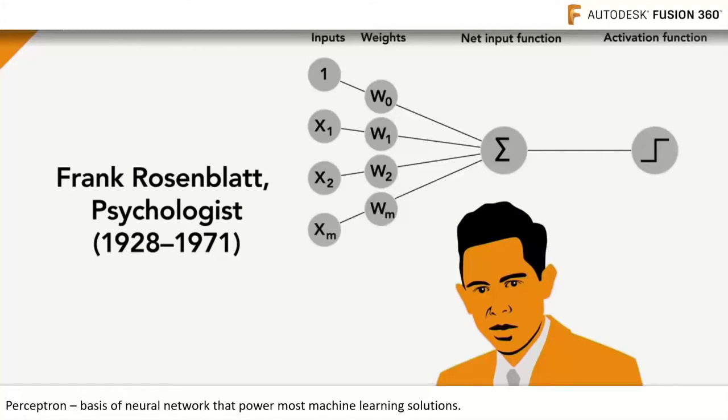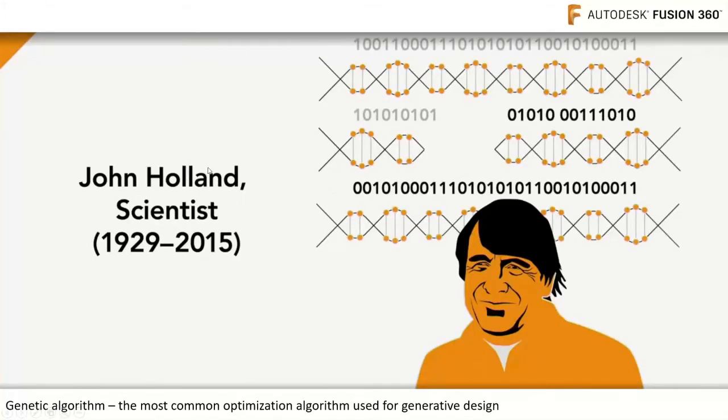But the real spark plug was John Holland, a scientist way back 1929 to 2015. He created the genetic algorithm. This is the most common optimization algorithm used for generative design.